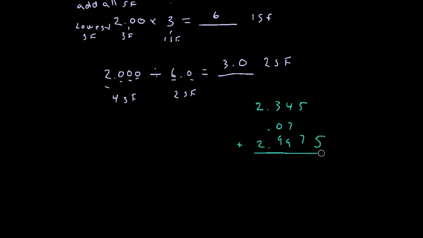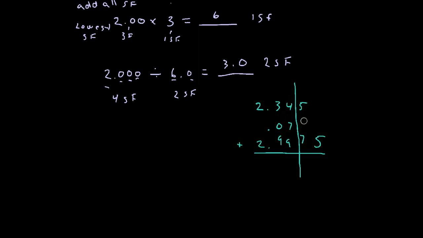Okay, so let's do this. Basically the rule with addition and subtraction is that you go with the lowest significant figure number that you're adding. You only use the significant figures that are to the lowest decimal point.